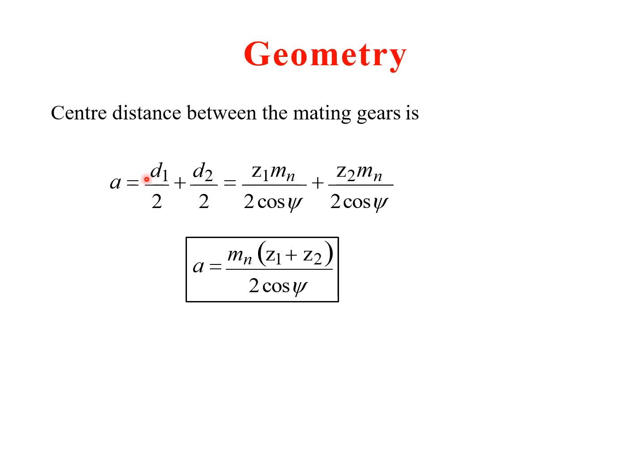Here we have to substitute the value of d, which in terms of normal module is z mn by cos psi, and this 2 as it is. Similarly, z mn upon 2 cos psi, with z1 and z2 over here. Now taking the module mn as common, this formula becomes mn into z1 plus z2 upon 2 cos psi.